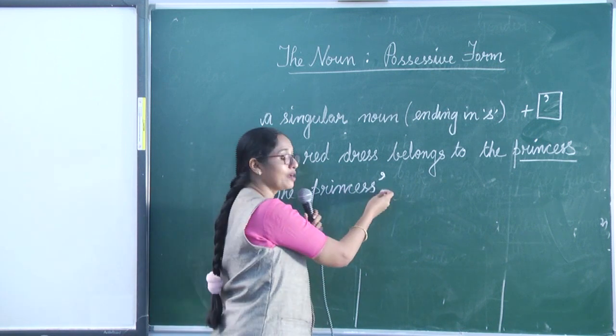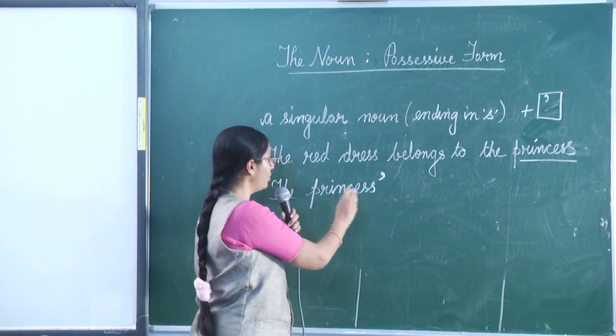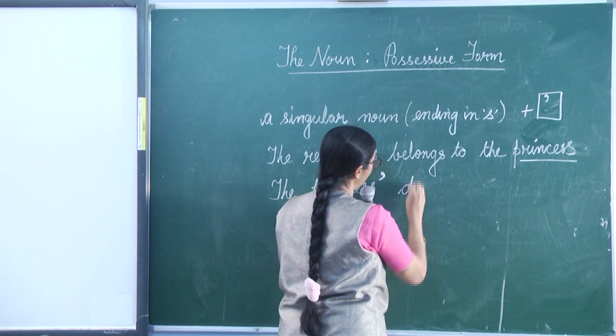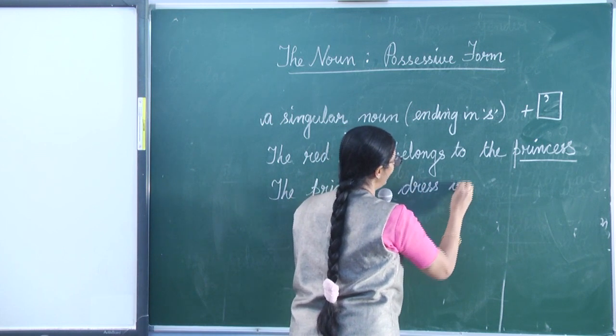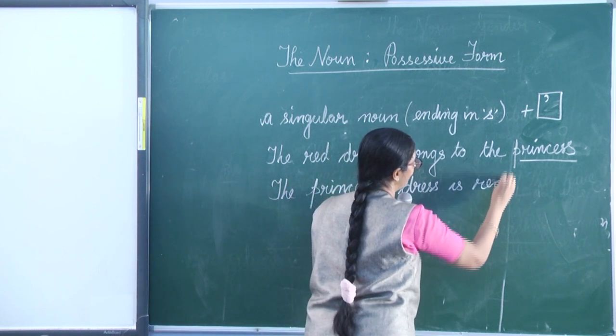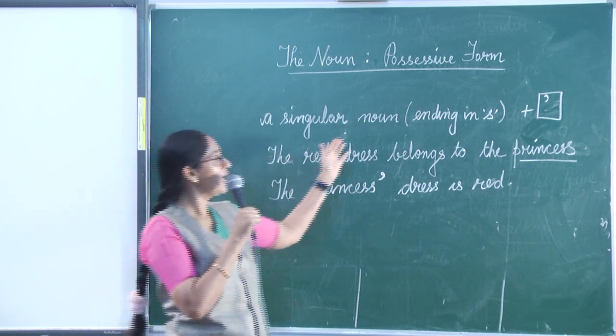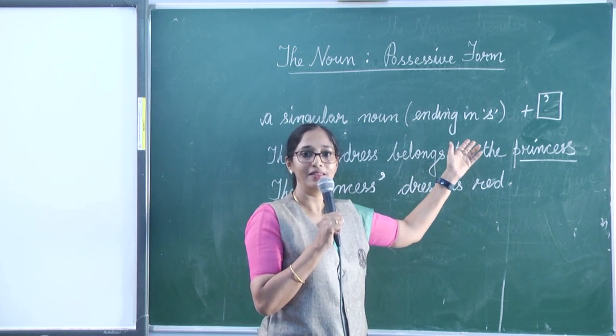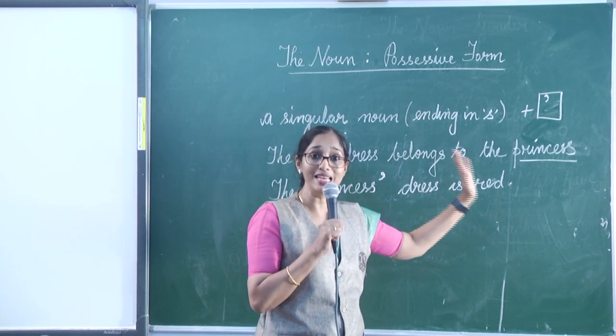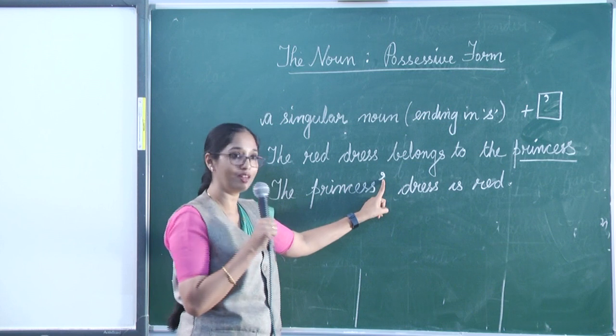We will not add apostrophe s. The princess' dress is red. So what is the rule? If a singular noun ends in s, then you need to put only an apostrophe after the word.